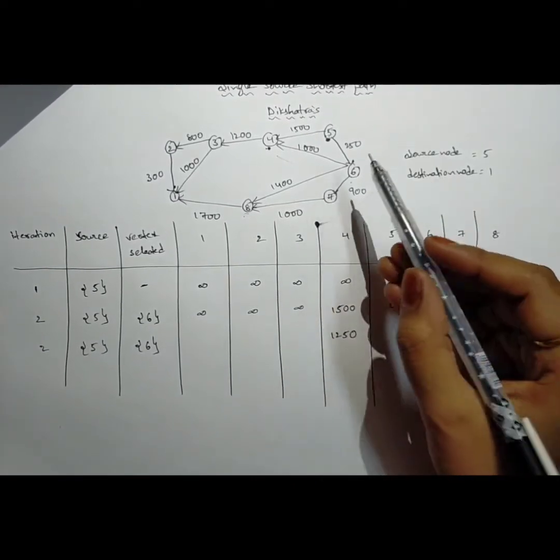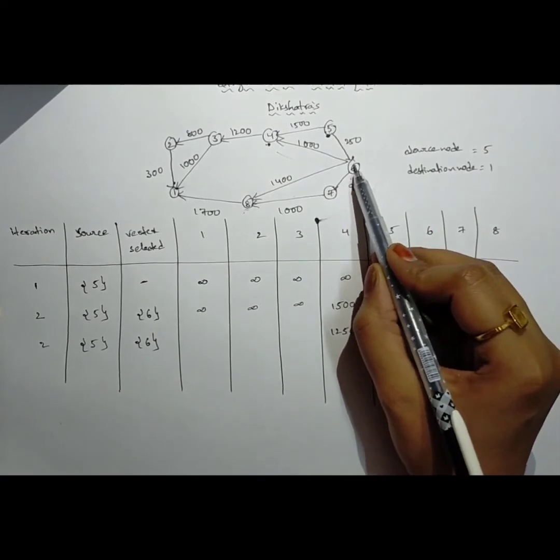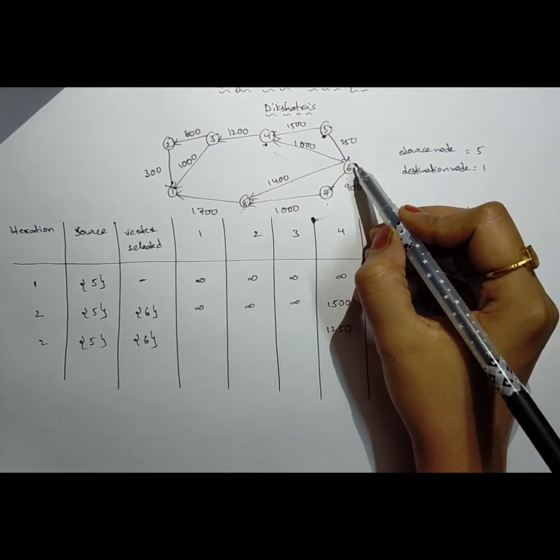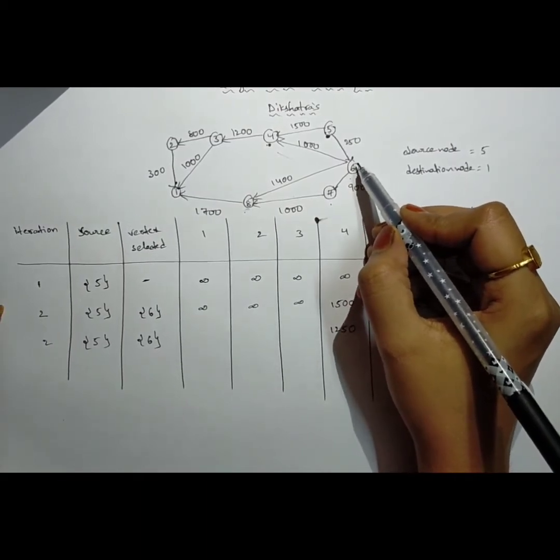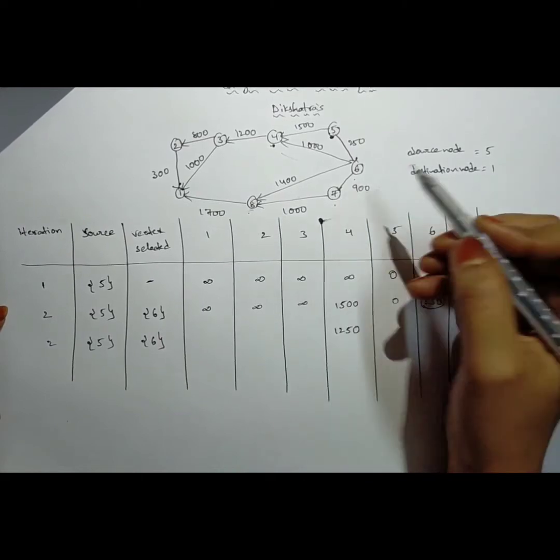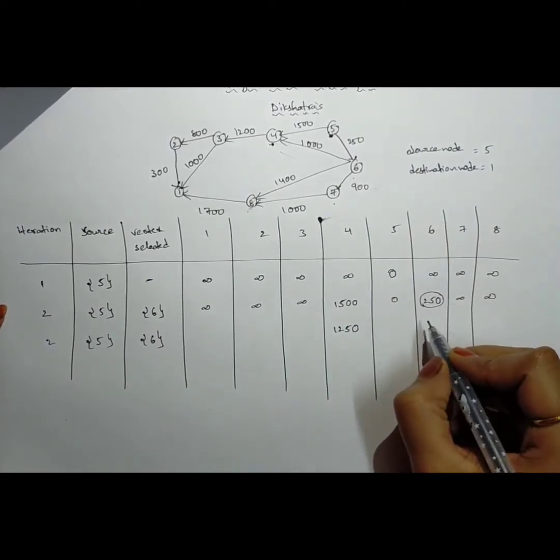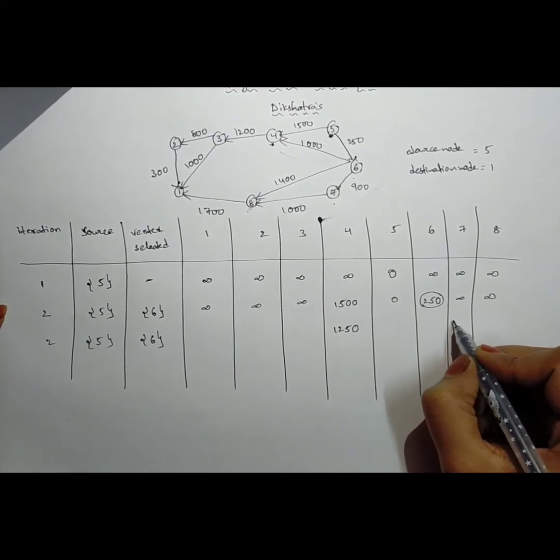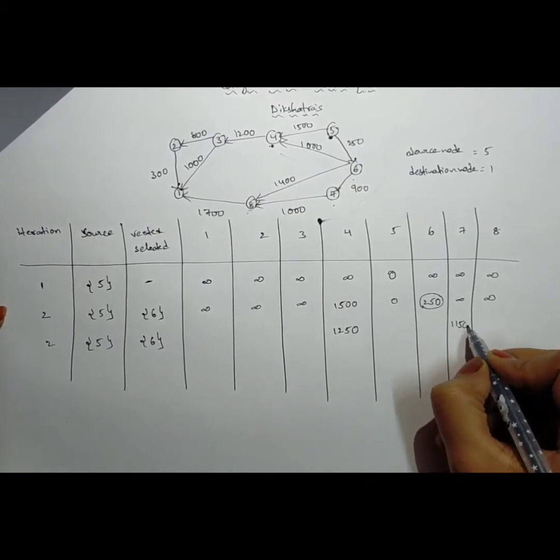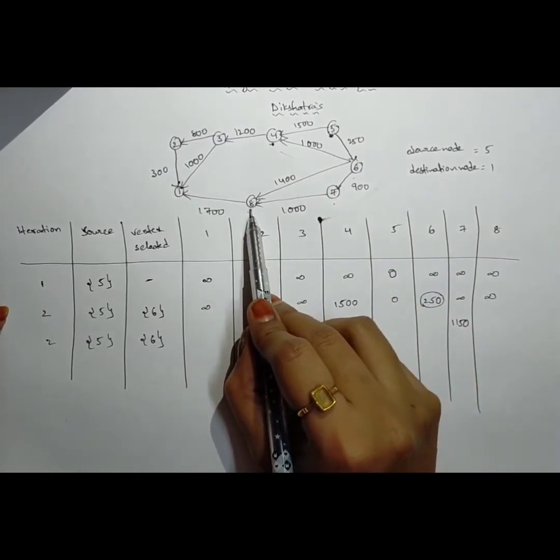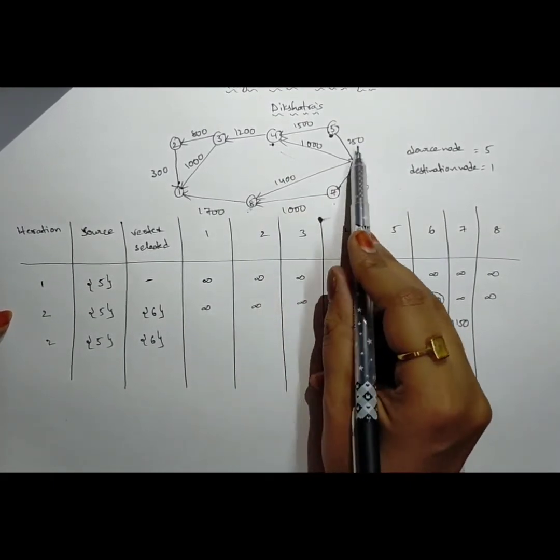Next edge is 6 to 7. Till 6 we have the distance 250. Now I am adding 900 to this 250 to reach the node 7. 250 plus 900 is 1150. Now 6 to 8. Till 6 we have a distance of 250.